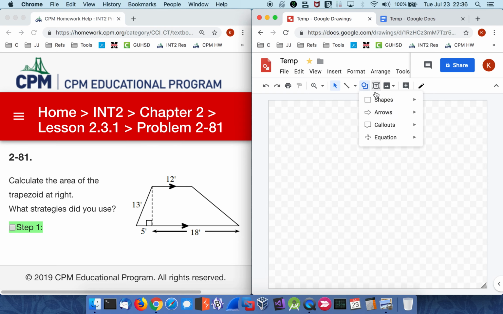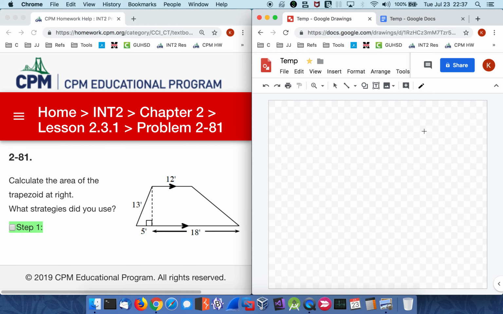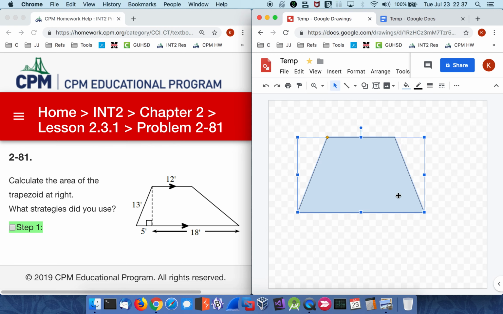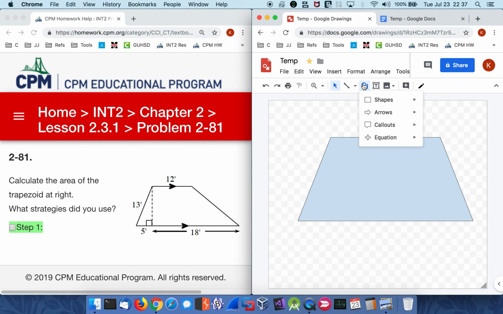Okay, so let me see whether I have trapezoids in here. Do I have trapezoids? Kinda. Yeah, there we go. Trapezoid. Look at that. They got all sorts of cool stuff here. What's this one do? It's kind of a symmetrical trapezoid, but this trapezoid that they're showing me isn't really symmetrical.